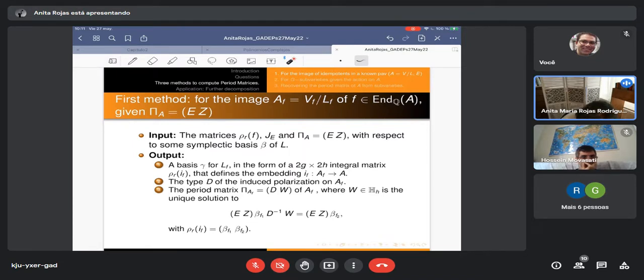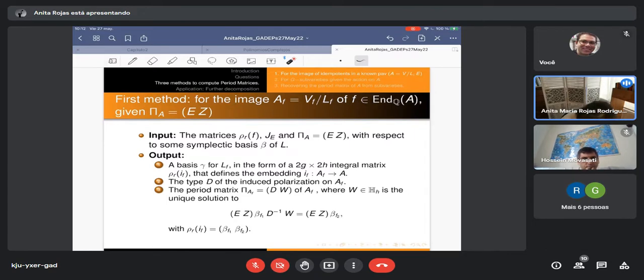The first method is when you have an endomorphism of an ambient abelian variety, and you have the period matrix of the ambient abelian variety. This allows you to compute the period matrix of the image of the endomorphism. Every endomorphism defines a subvariety of A, its image, and this method allows you to compute the period matrix of that subvariety if you know the ambient period matrix.